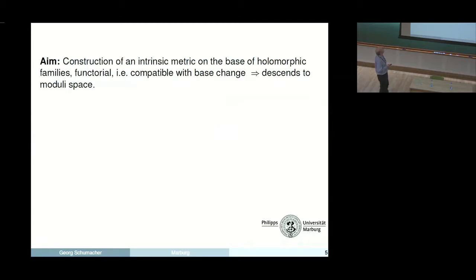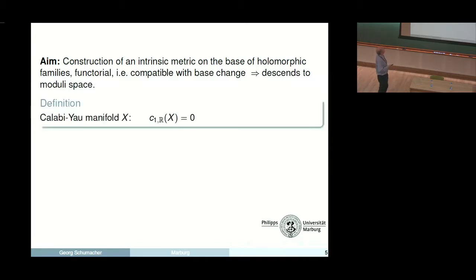And so our aim would be to construct an intrinsic metric on the base of holomorphic families in general, which is functorial, meaning it ought to be compatible with base change. And the reason for this is that if it is intrinsic, then it will descend to the moduli space. And that is the aim of the approach.